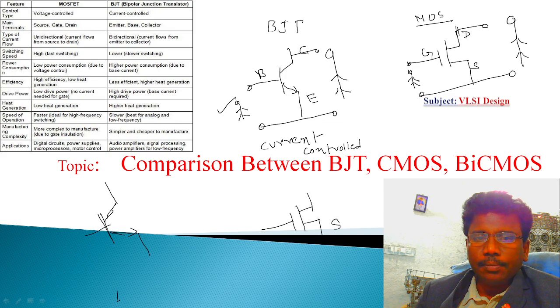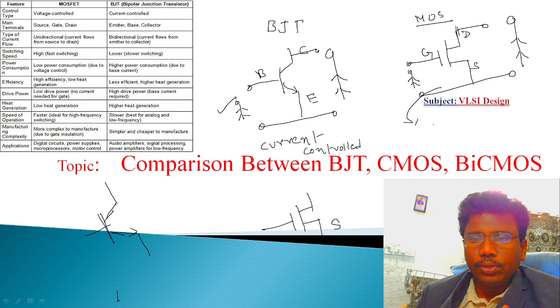But the MOS transistor is a voltage control device, that is, the potential difference between two terminals. Here we are controlling only the potential difference, so we can reduce the noise.